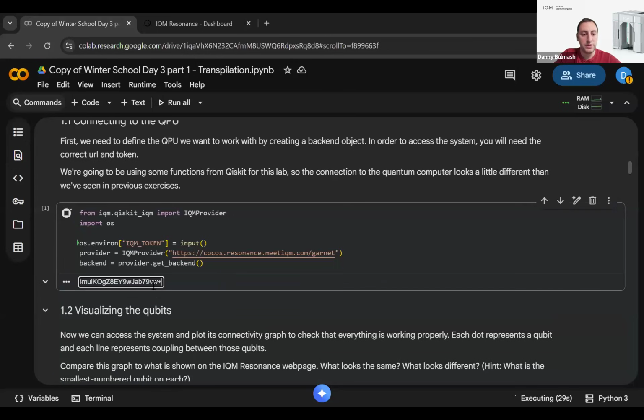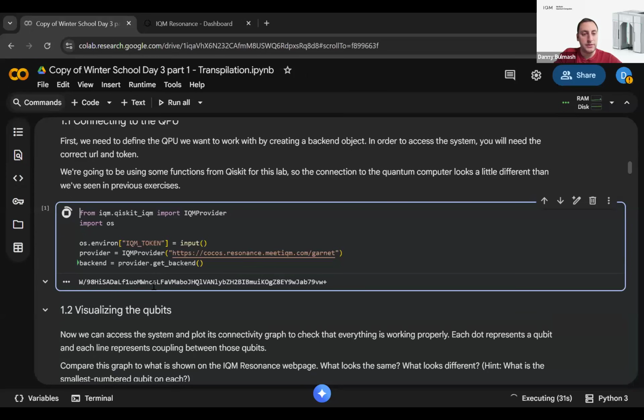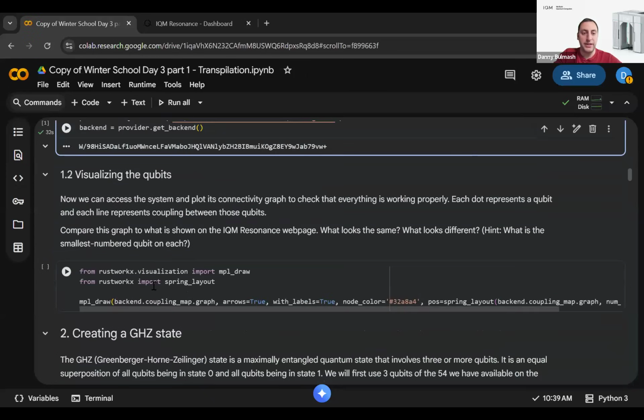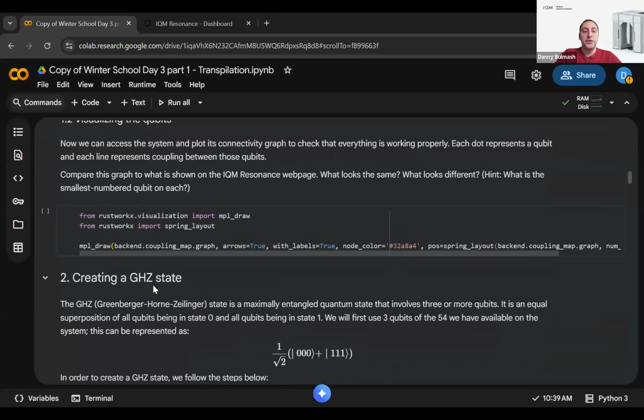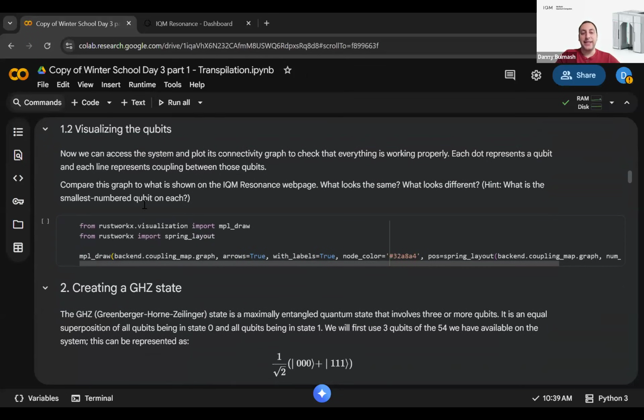There we go. All right, so that is running. So now we can actually access the system.